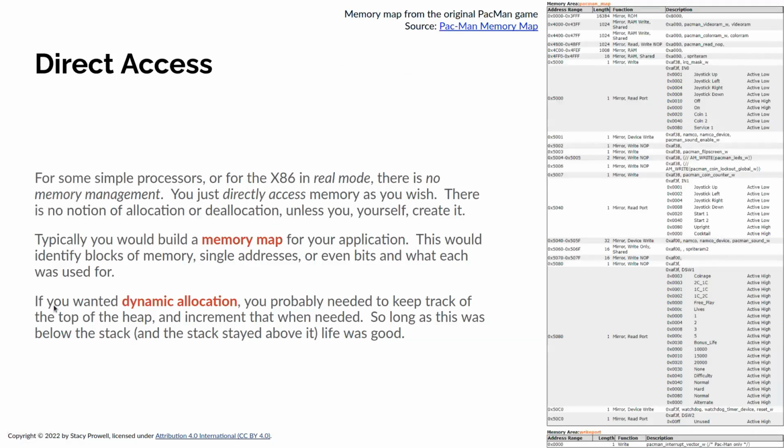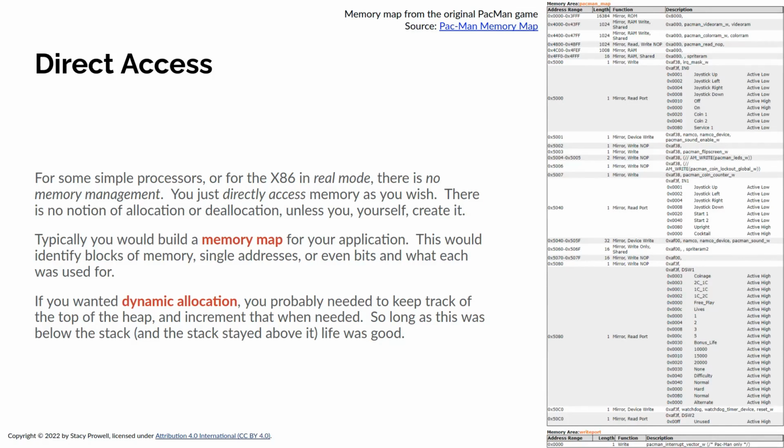So for very simple processors like the one from the previous videos, or for the x86 in real mode, there is no memory management, right? So what constitutes memory management? Memory management is your job. It's not the computer's job, it's your job.